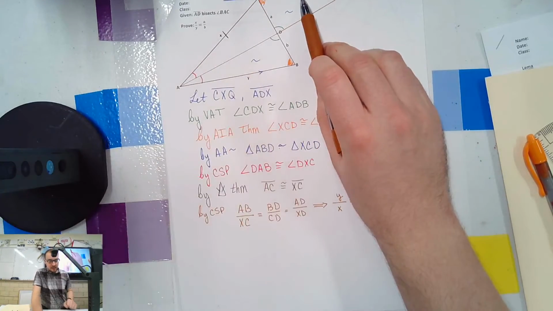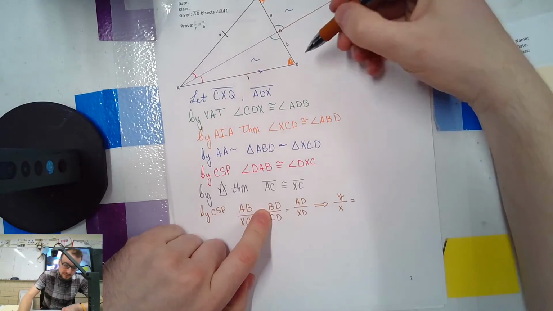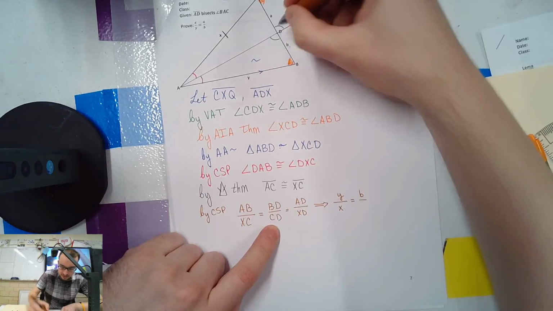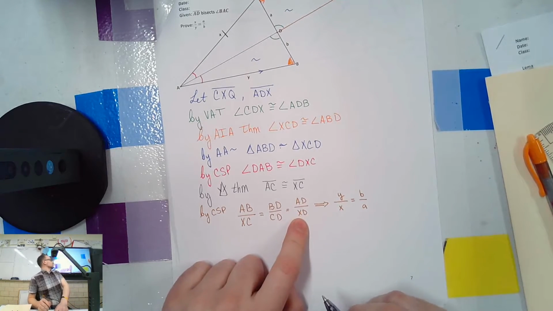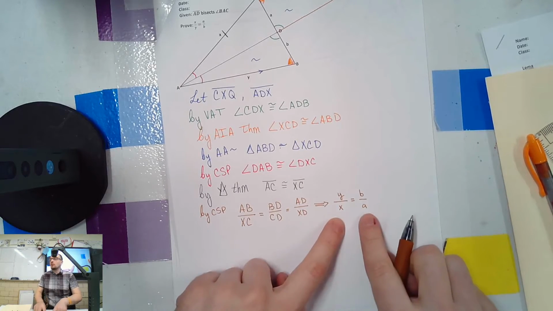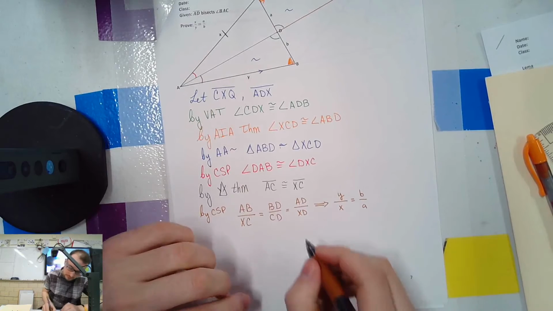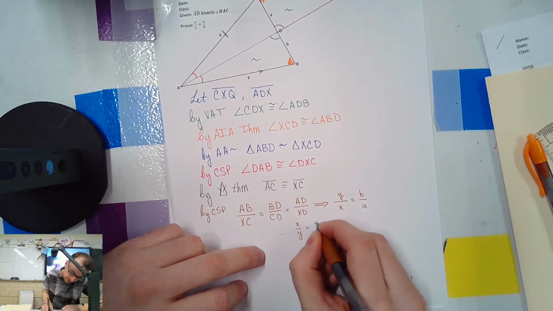XC is the same thing as a little x. Yep, there's two ABs, my bad. BD, same thing as little b. CD, same thing as little a. Now, I could keep going, but I've got what I want. And now what do I do to get it to match that? Flip. Yep. Therefore, x over y equals a over b.